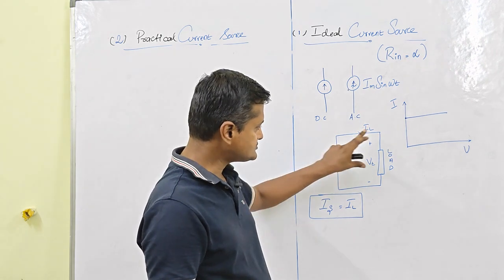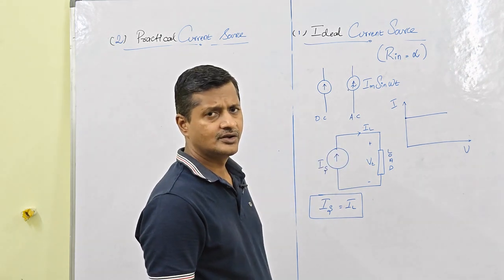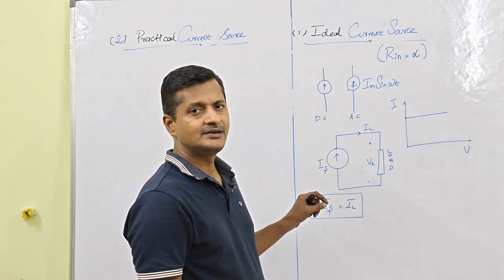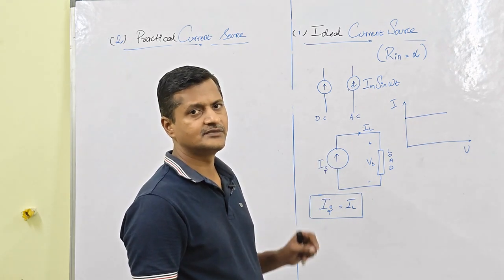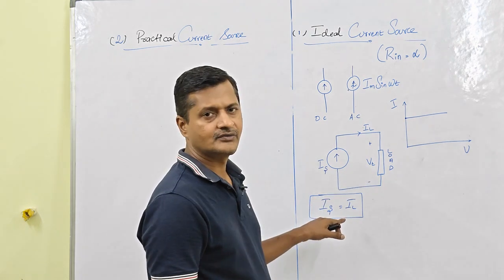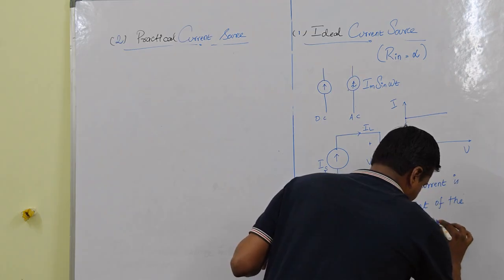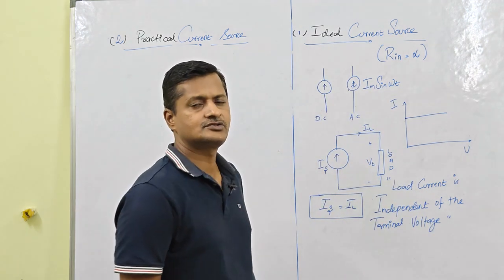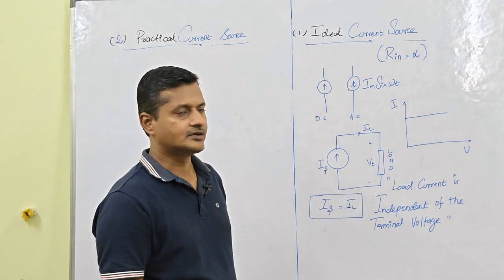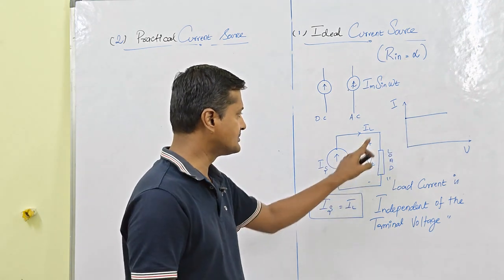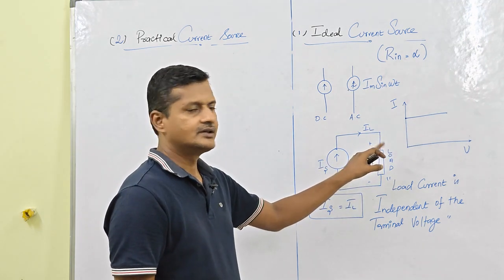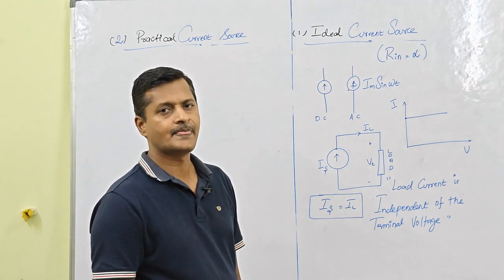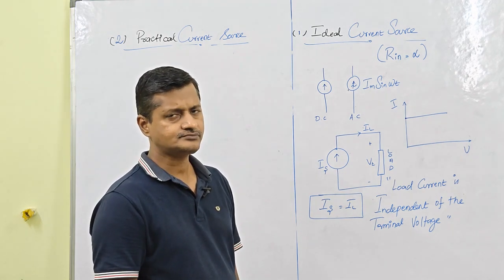The current delivered to the load by the ideal current source is independent of the terminal voltage. So what is an ideal current source? In an ideal current source, the load current IL is independent of the terminal voltage.